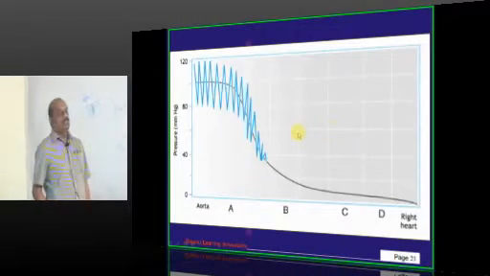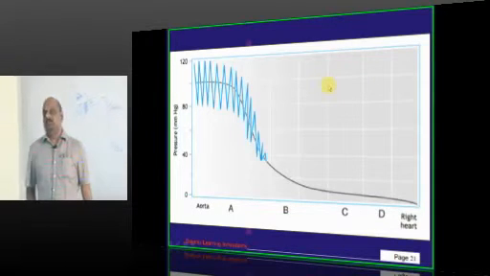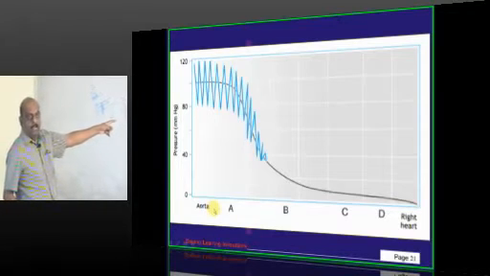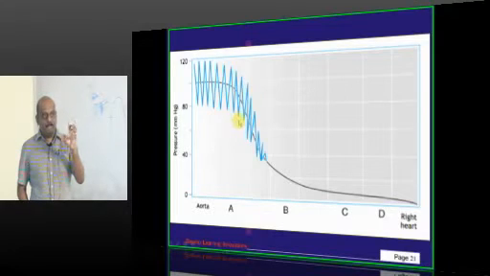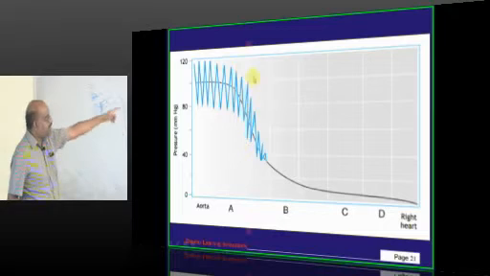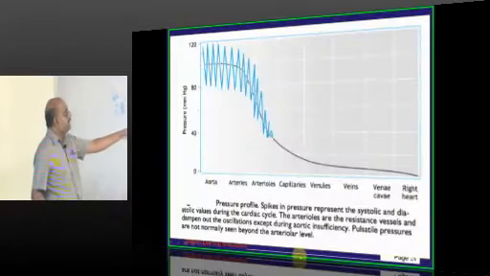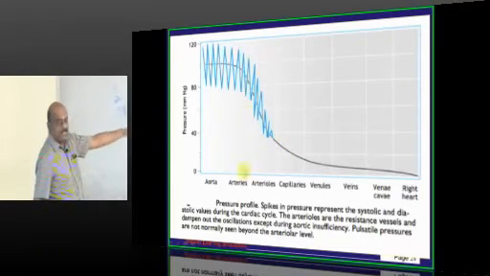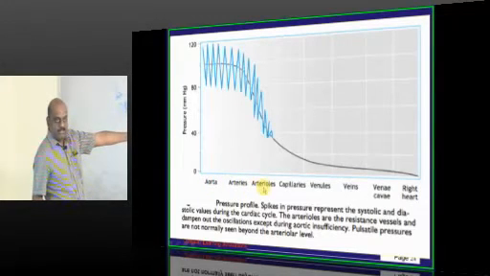Now the heart has pumped the blood into the aorta, and whenever systole, diastole are happening, there will be spikes of pressure changes that keep happening, and until where you can feel those pressure pulsations in the aorta, arteries and arterioles.